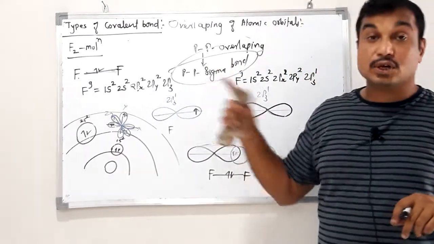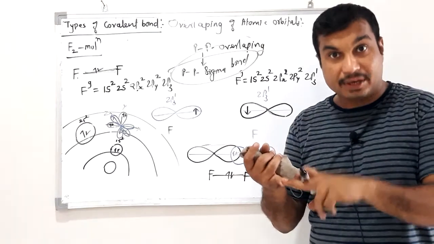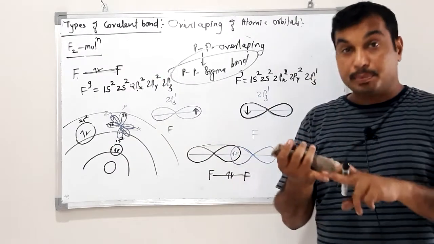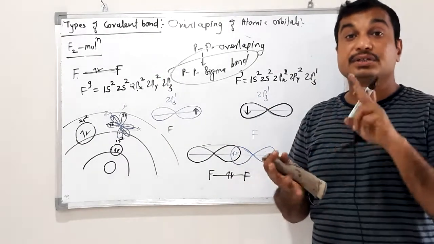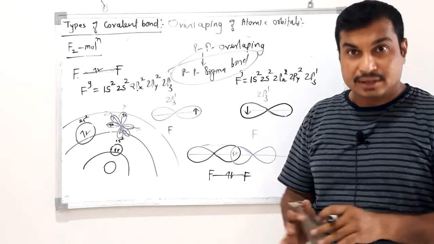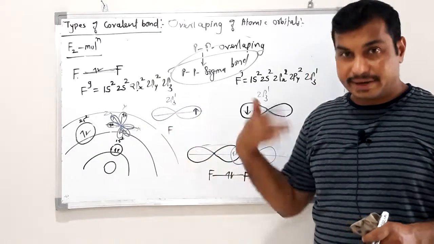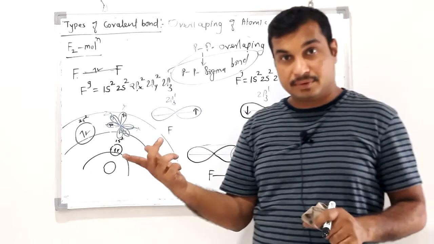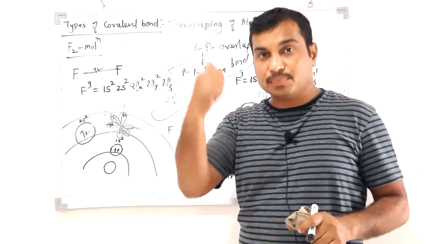So, in the case of hydrogen, ss overlapping and ss sigma bond. In the case of fluorine, pp overlapping and pp sigma bond. Again, we can expand this idea for overlapping of s and p, for example the HF molecule.